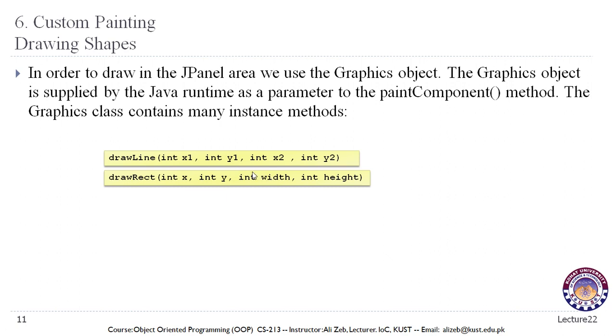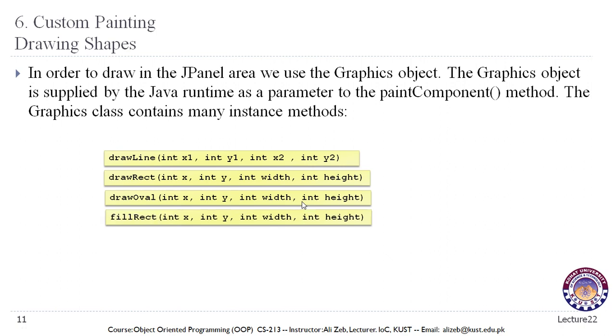The width and the height arguments show the width and the height of our rectangle. drawOval takes the x, y position of the oval and the width and the height of the oval. It will draw an oval on the panel.